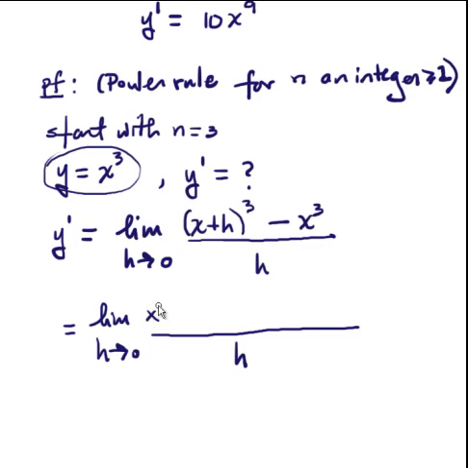It starts with x cubed plus 3h x squared plus 3h squared x plus h cubed. Okay, so that's our x plus h cubed. Minus x cubed.